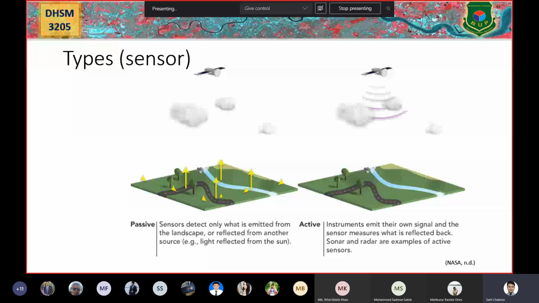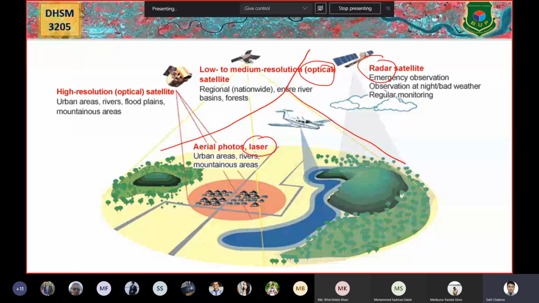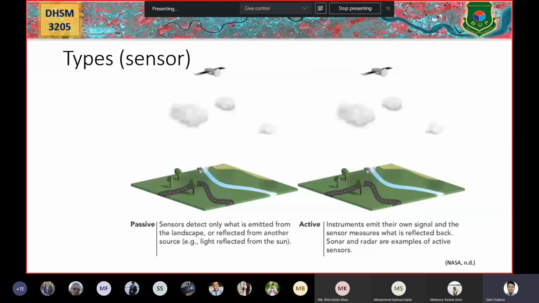Active sensors are just like that. From the previous example, the radar and the laser are active sensors. They send their signals, and they receive what is reflected.